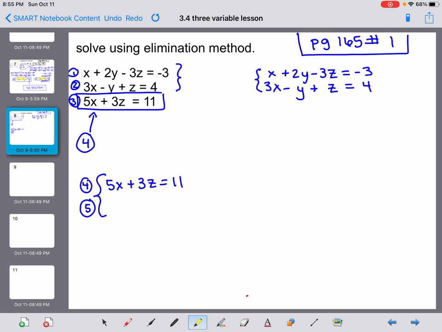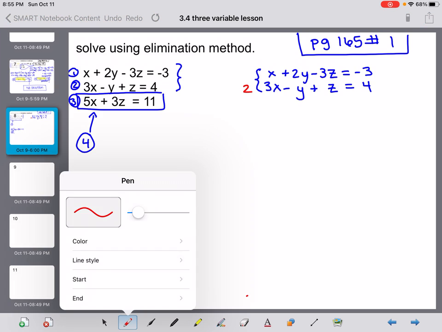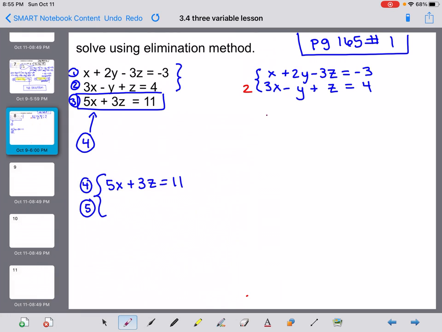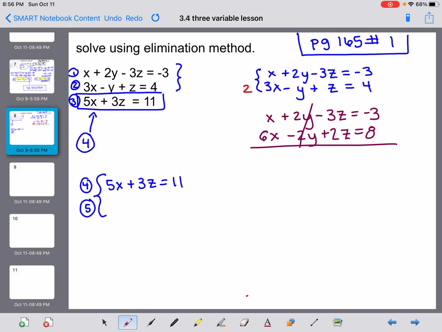So to get rid of the y, I'm going to multiply the second equation by 2. So the first equation will stay the same. Multiplying the second equation by 2. Okay. So I get 7x minus z equals 5. This is going to become my fifth equation.